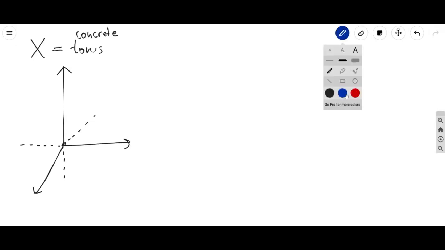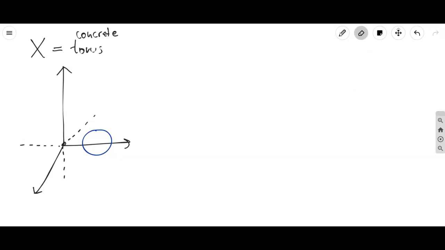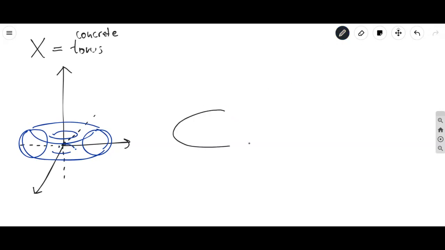So the concrete torus, the way it goes is that you take this kind of circle, and then you revolve it around one of the axes. As you revolve it, you get some kind of shape that goes like this. So like a donut type of shape. Usually the way we draw it is we draw it like that.